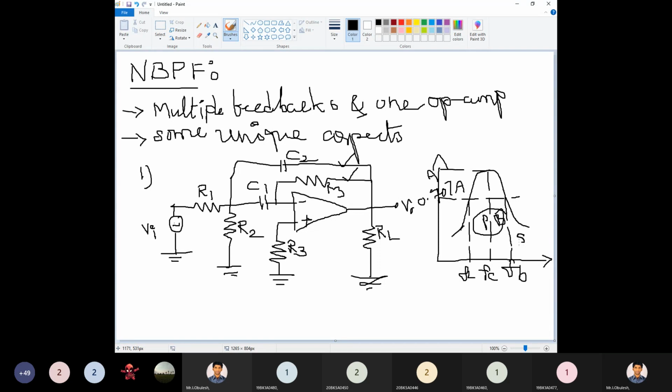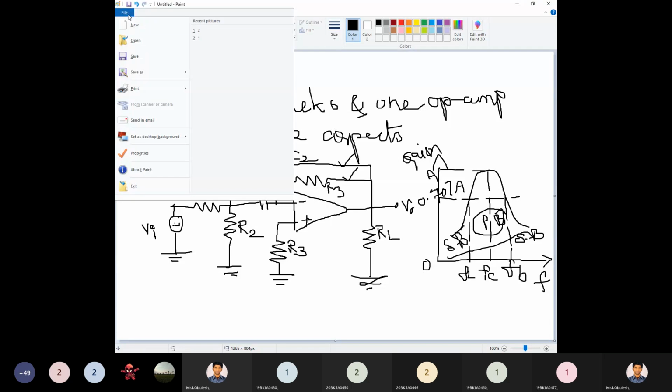This is the stop band. This is also a stop band. Here we are taking gain on the y-axis and frequency on the x-axis. Okay.